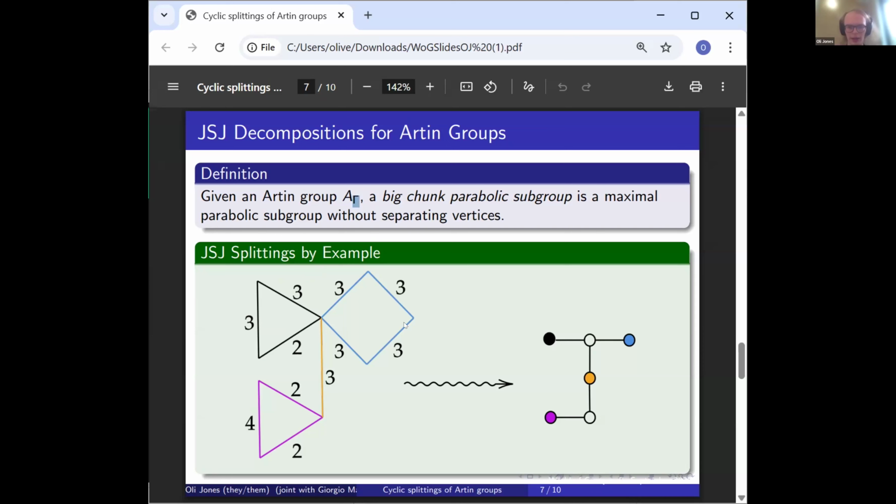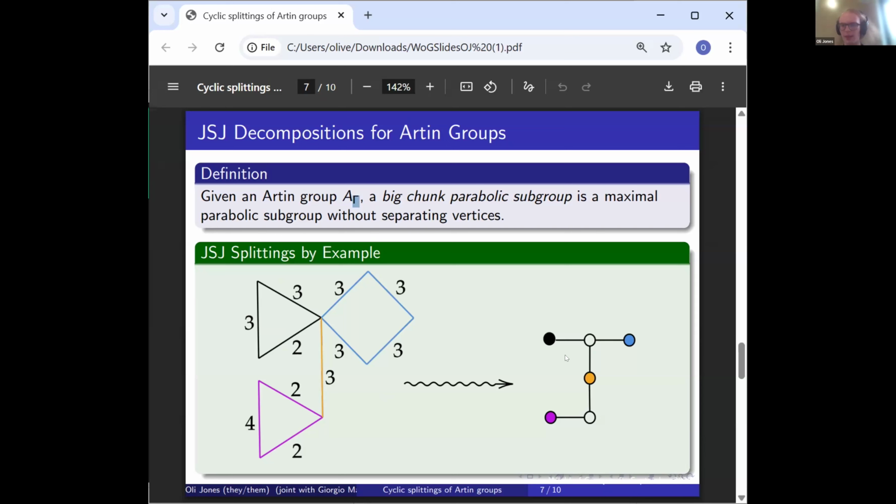There was a small lie in that argument, which was that this yellow edge here is 2 generated, and our theorem was only for 3 generated or more Artin groups. Like I said, these 2 generated Artin groups do split over Z, but they do so in a kind of understood way, so you can show that no such splitting can extend to a splitting of the whole Artin group.